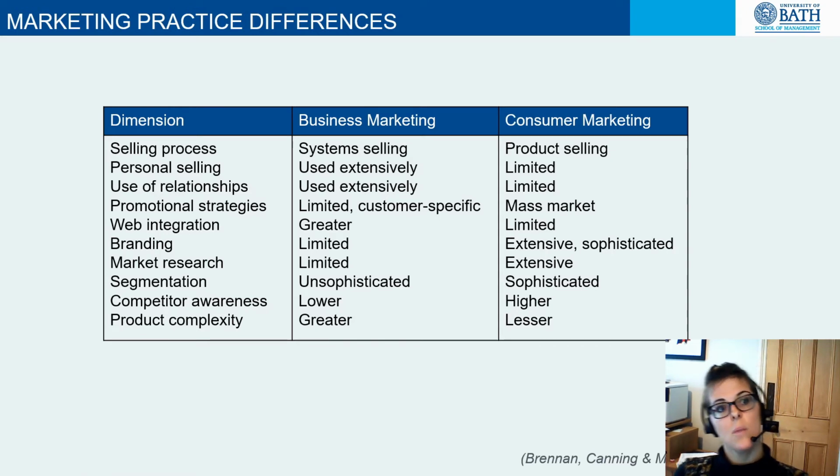So this culminates in the difference between business to consumer and business to business selling. Okay, we did this right at the beginning, and throughout it we've been comparing the two. So the selling process, hopefully now you've got a better idea of business marketing definitely uses system selling.